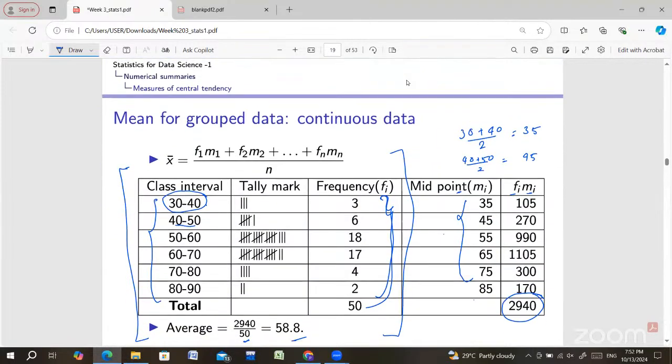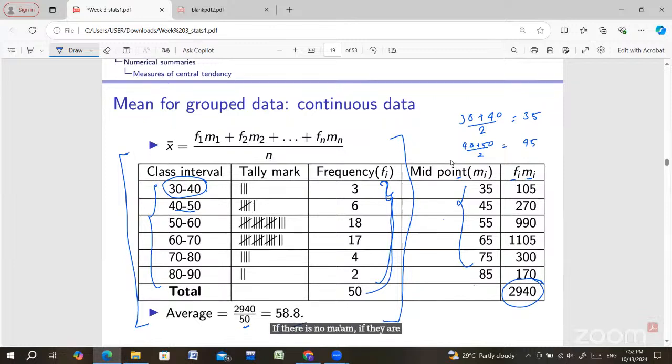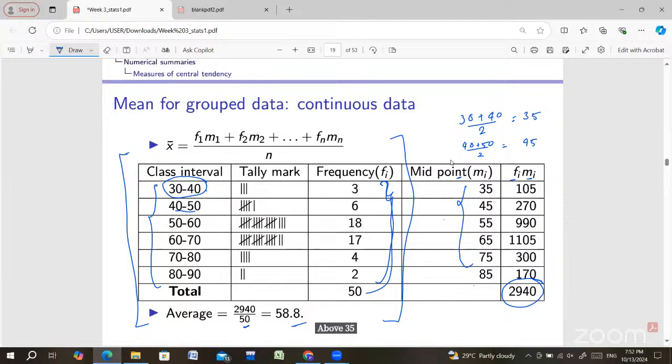Ma'am, I have a doubt: we are calculating the mean by the midpoint in this continuous or grouped data. If in the class interval of 30 to 40 the frequency is 3, and all the data is above 35 or below 35, this will affect the mean, no, ma'am?